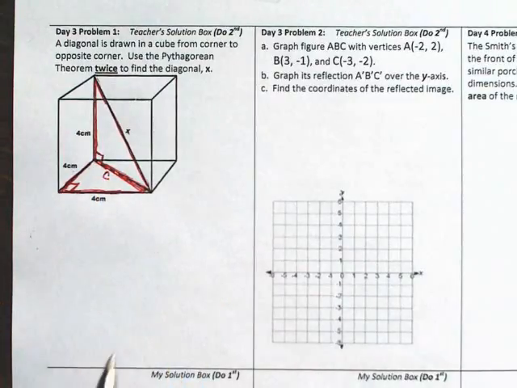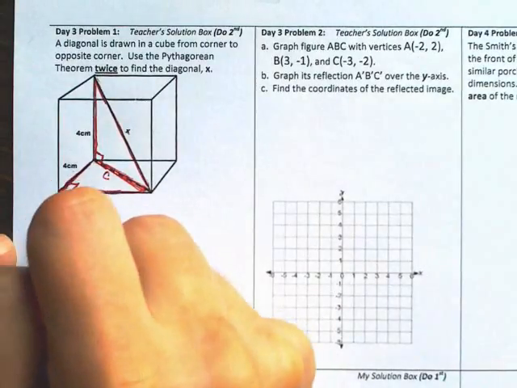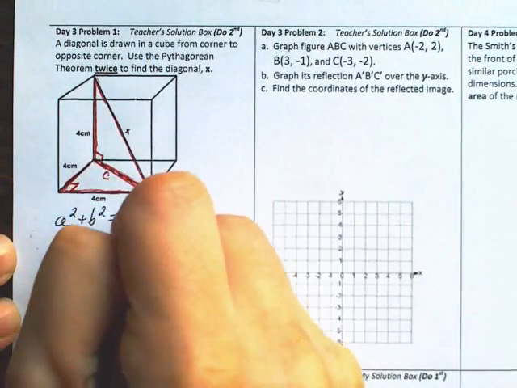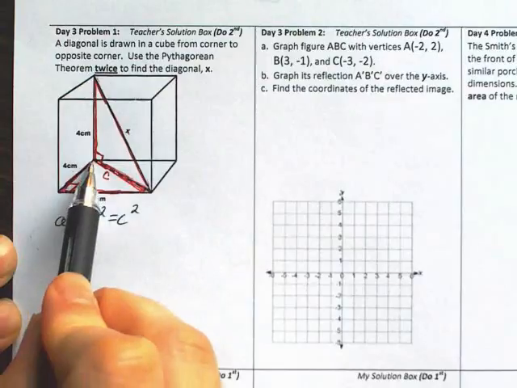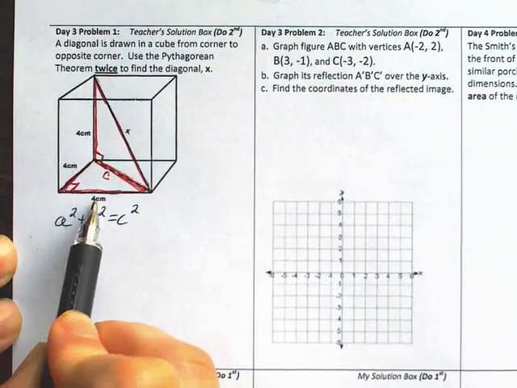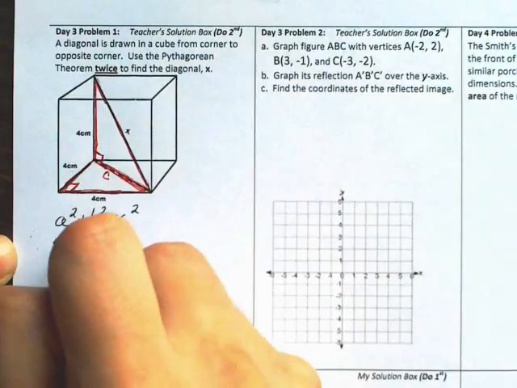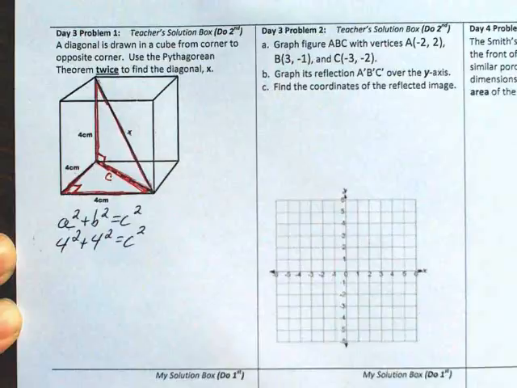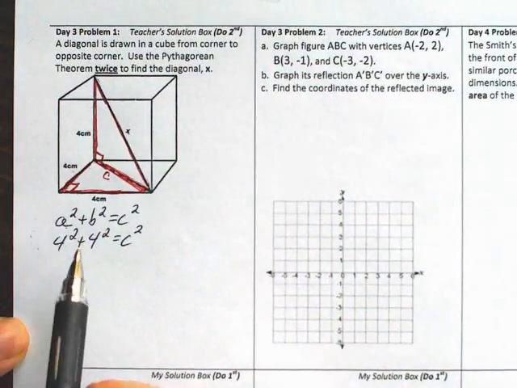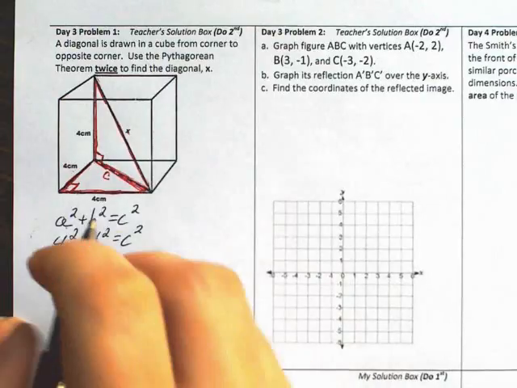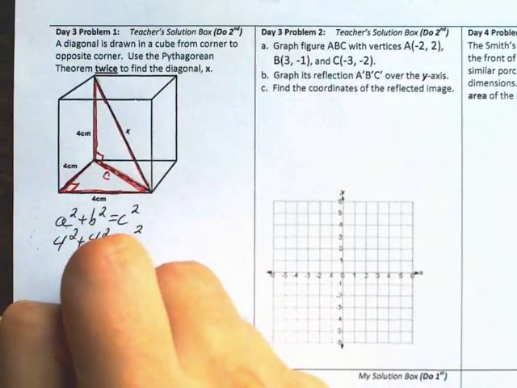Okay? So now the Pythagorean theorem, a squared plus b squared equals c squared. A and b are the legs of that triangle, 4 and 4. Four squared is 16, and 4 squared is 16. 16 plus 16 is 32.